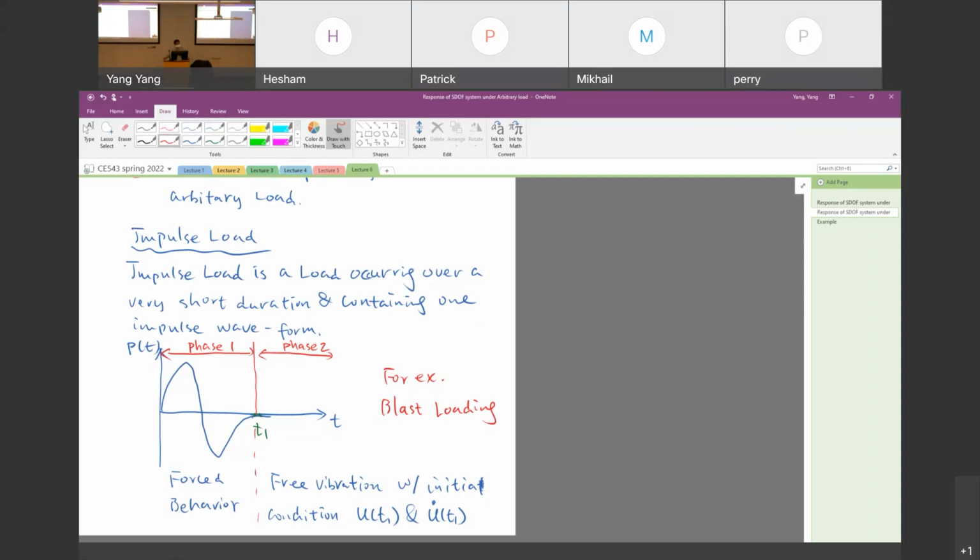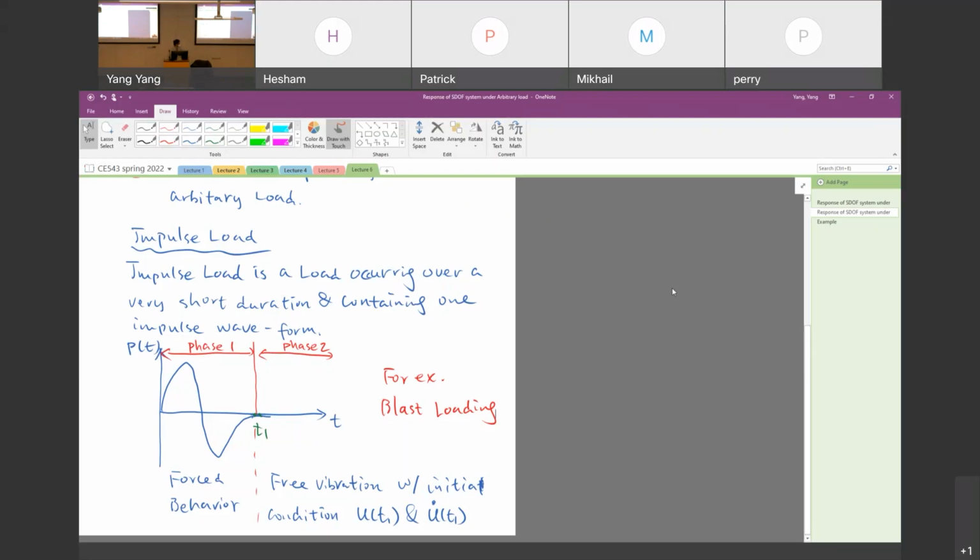It is impulsive loading because in a very short duration it reaches its peak load. So that's the main reason why we need to investigate the response of the system under this type of load. Design for blast loading is also an important topic for structural dynamics.